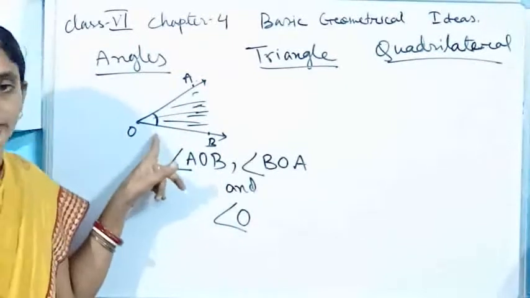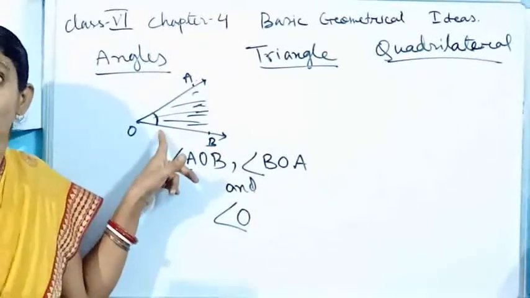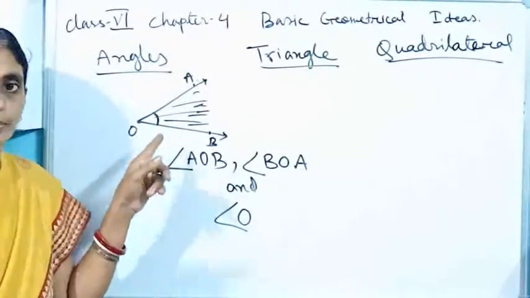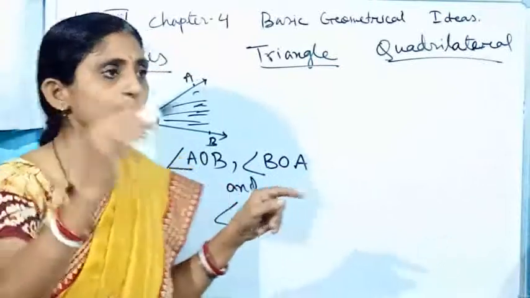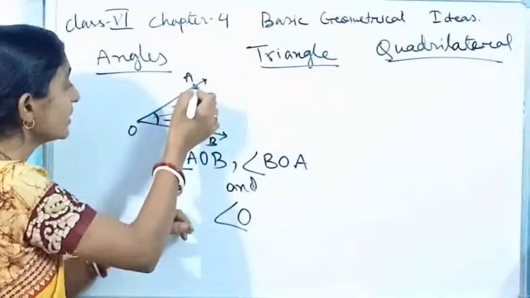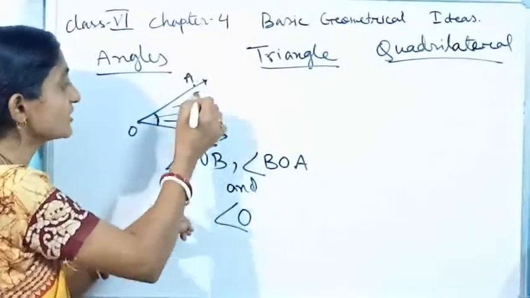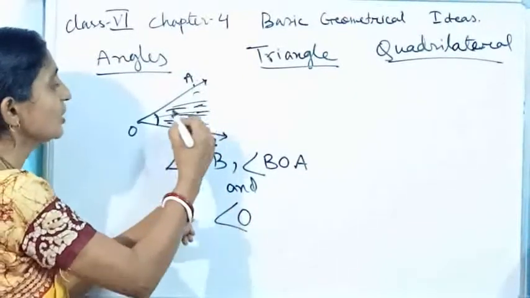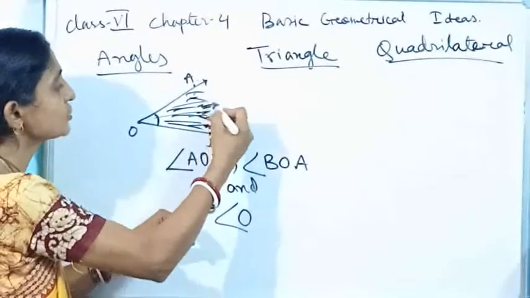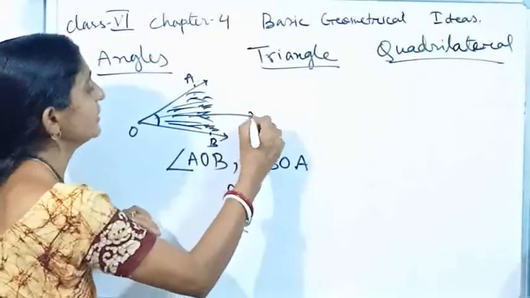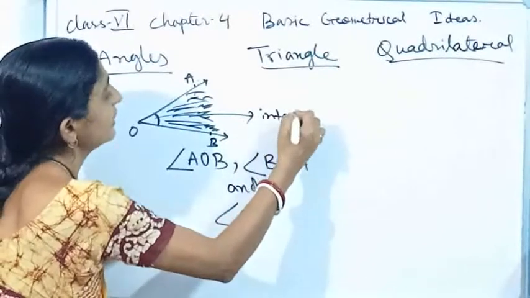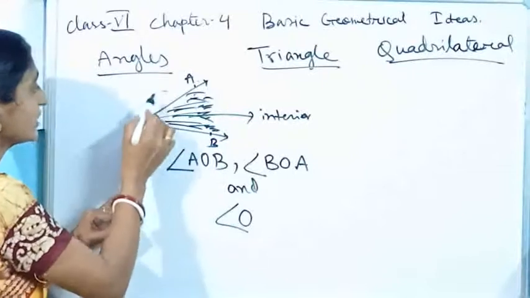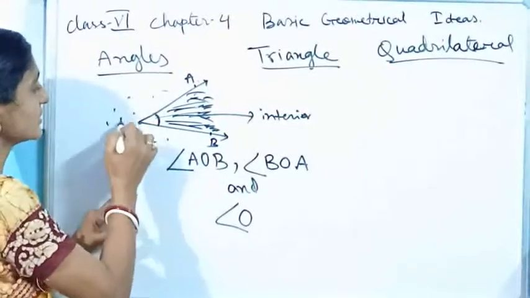Be attentive to that point. That curve means that area of this angle, not the exterior one. The part which I have shaded here is called the interior of angle AOB. The outside area is the exterior.